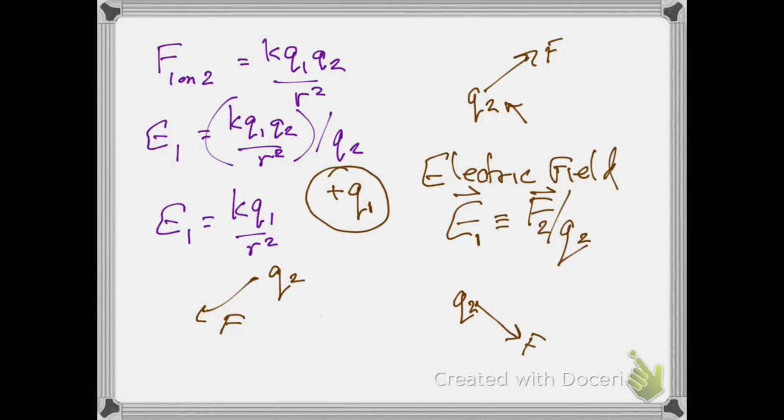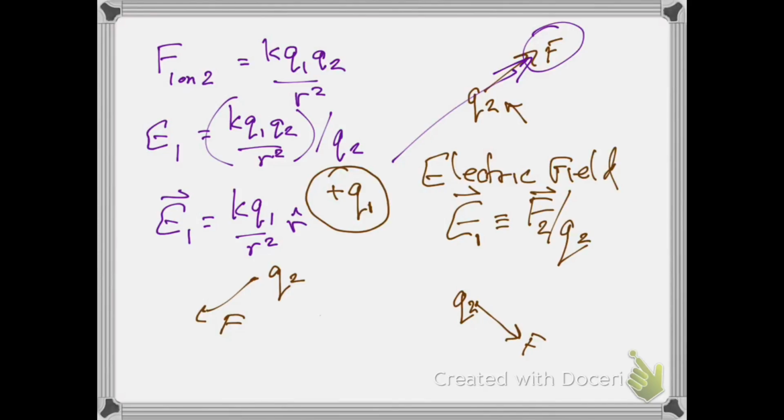And the direction of the electric field, because electric field is a vector, is just the radial direction. Notice that the direction of the electric force is radially outward from charge Q1, so the direction of the electric field is also radially outward from charge Q1.